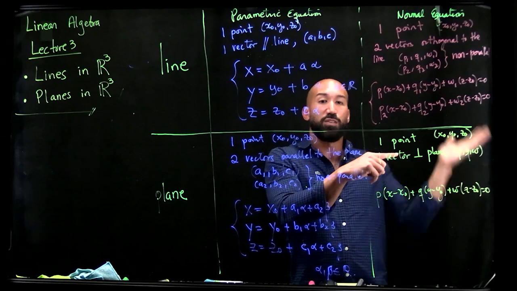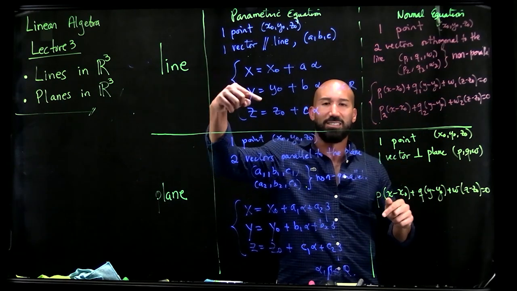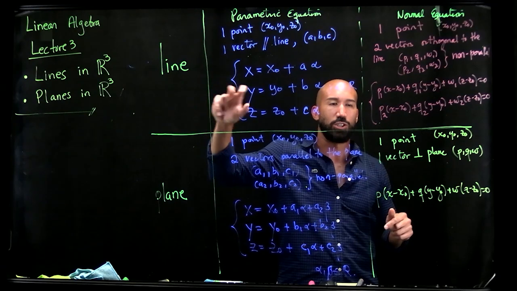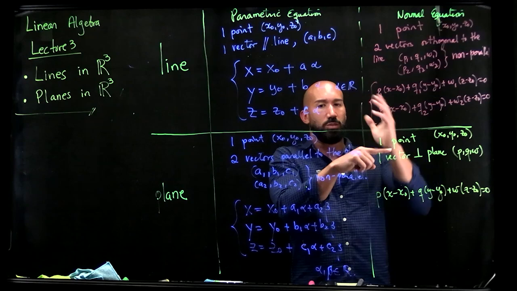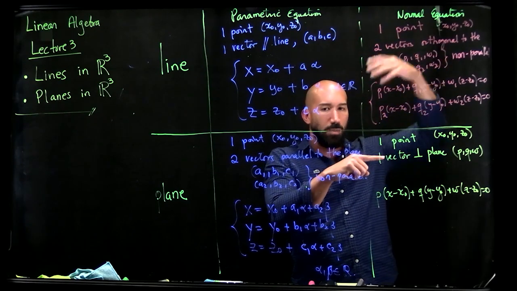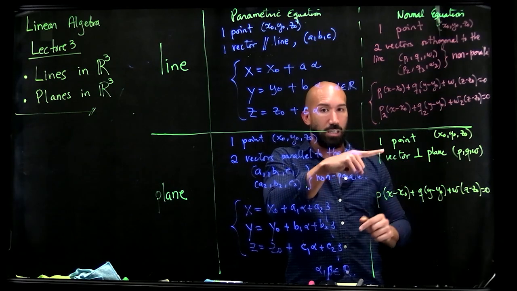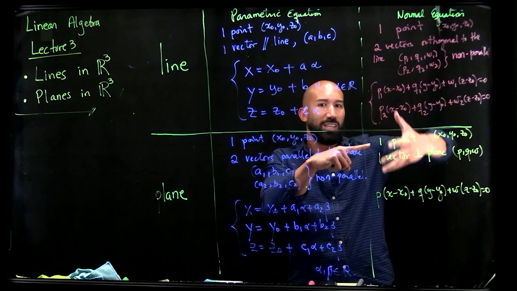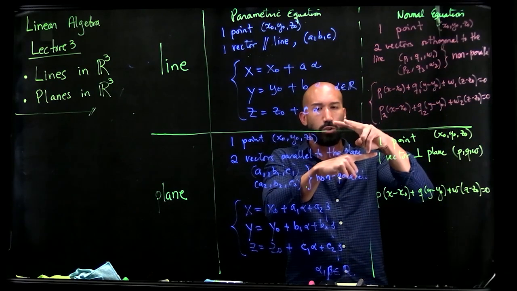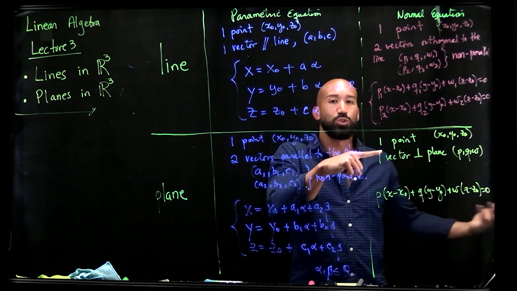That information is from outside. So it's not the dimension of the line itself, like in the case of the parametric equation. It's what we need now to complete the dimensions of the ambient space. This line is a one-dimensional object. To complete a three-dimensional object, we need 2 more independent directions, 2 more dimensions.